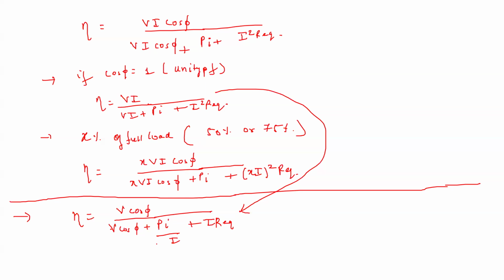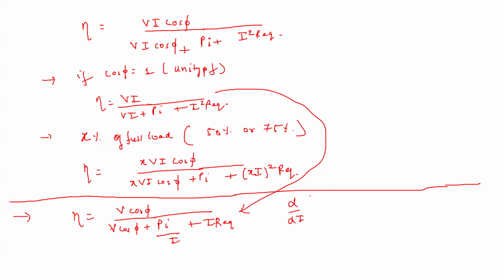Now we have to get the maximum efficiency. When will the efficiency be maximum? When this denominator is minimum. So what is the condition of minima? At what load, at what I? When we change the load, we do not change the rated voltage or rated frequency, we just change the current.